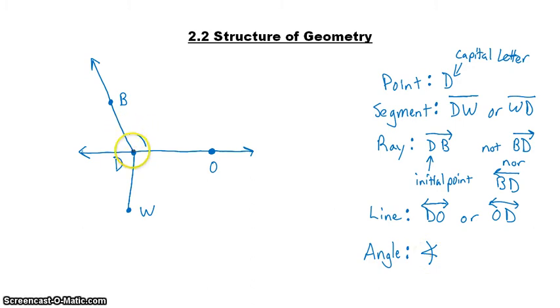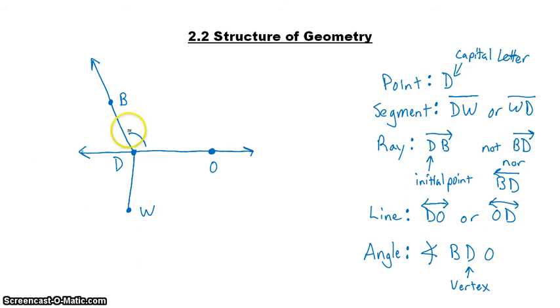To name this angle, I'm going to put D as the middle letter because it's my vertex, and I'm going to list the directions in which my angle goes, from D to B in one direction and from D to O in the other direction.